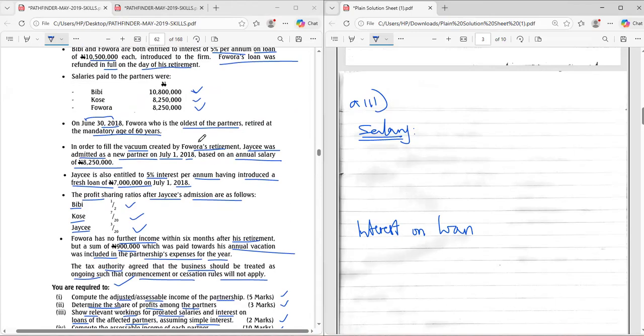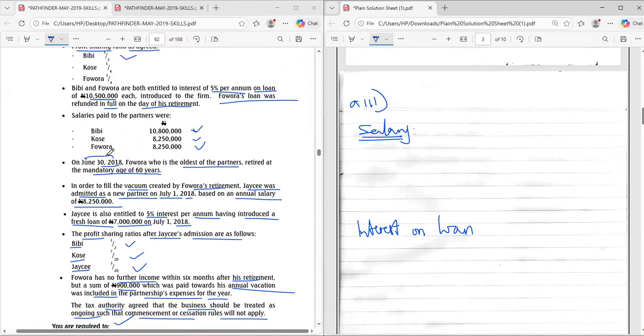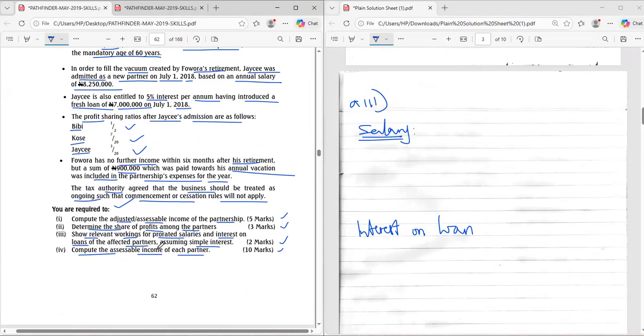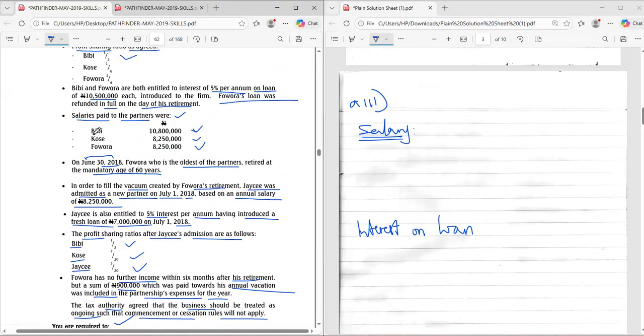It says salaries paid to the partners were, okay. Now BB stayed from the beginning to the end of the partnership. So there is really nothing like prorated salary for BB. So we are not prorating the salary of BB.